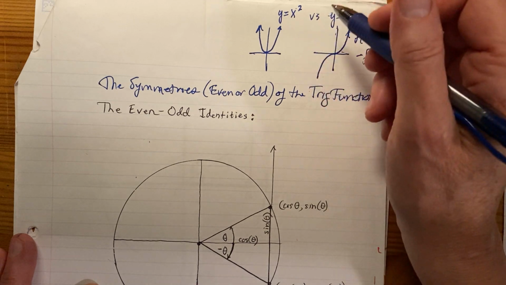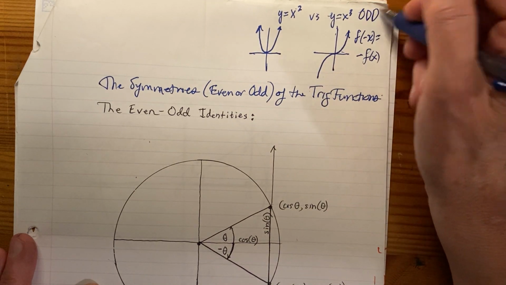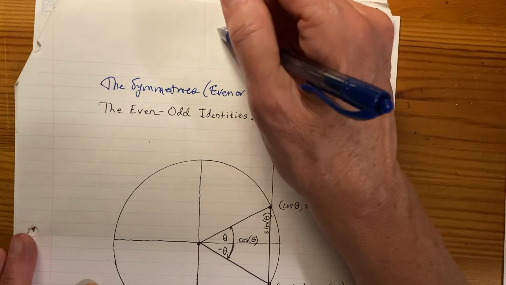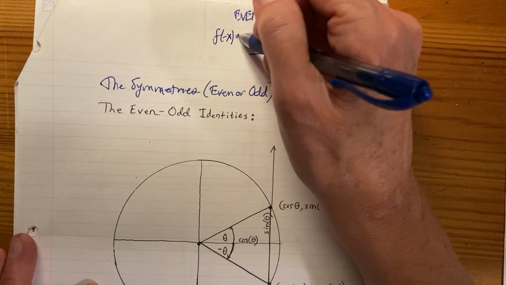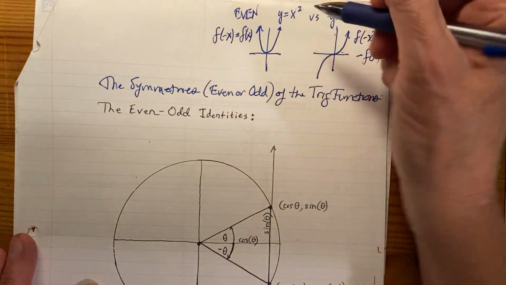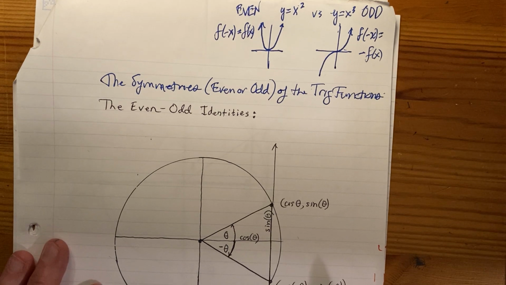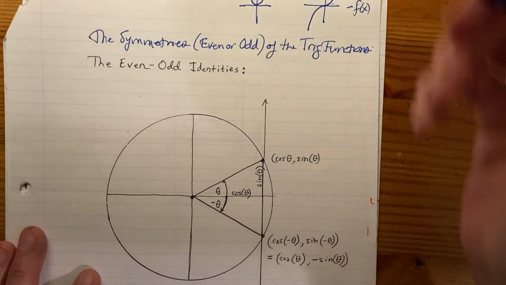Whereas over here, that's for an odd symmetry. If it's an even symmetry, then we have the property that f of the opposite of x is the same as f of x. So that's where those even symmetry, odd symmetry designations are coming from.